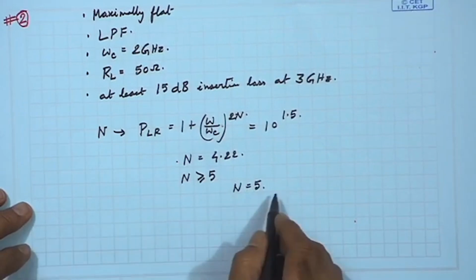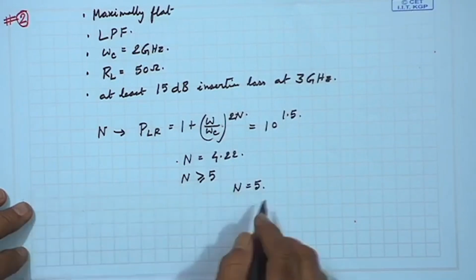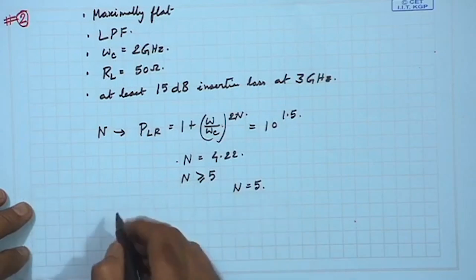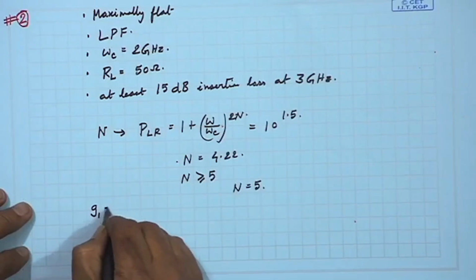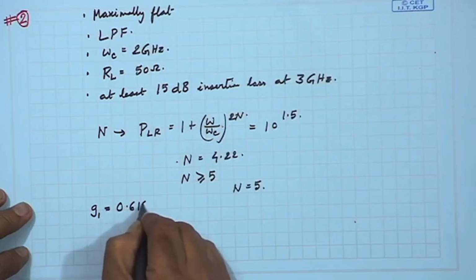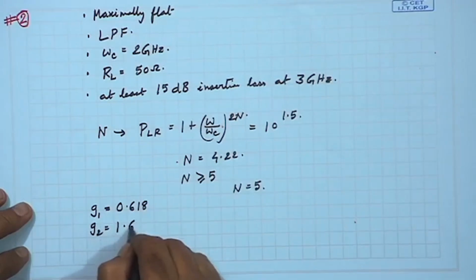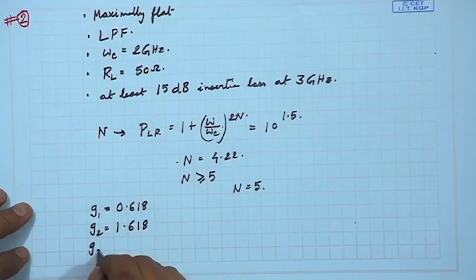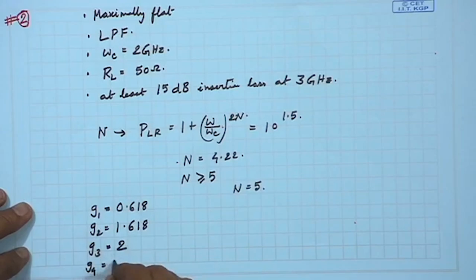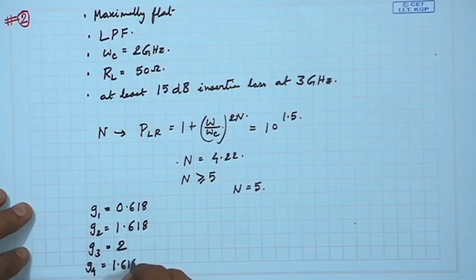From the Butterworth filter table, for n equal to 5, the prototype values will be G1 equal to 0.618, G2 equal to 1.618, G3, and so on. This is directly from the table, you need not find it; it will be given in a problem, or as an engineer you can always refer to tables and find the values.